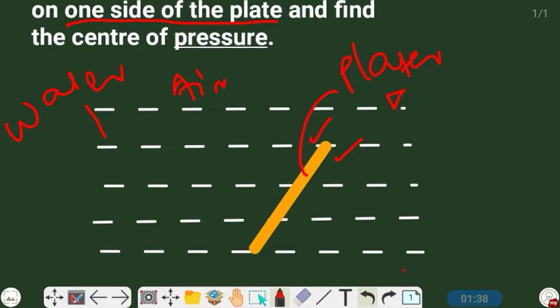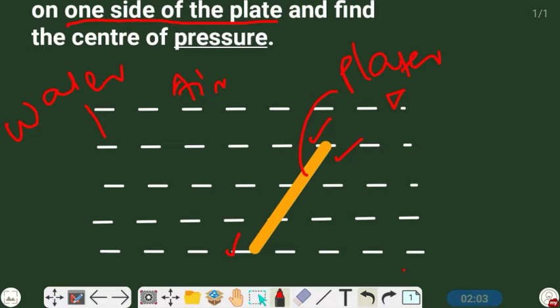In order to find the force, you need to consider only one surface. If you consider both surfaces, they will cancel out each other, and you will not be able to find the magnitude of the force. So for the magnitude of the force, we have to consider only one side.